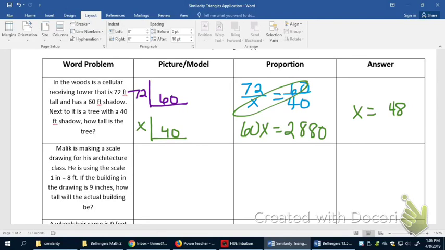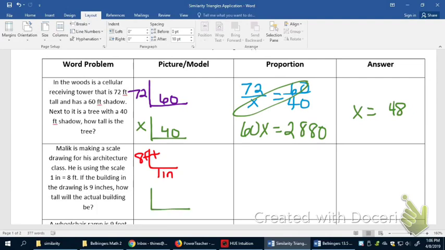Okay? So we're trying to match up inches with feet, because the how much will it really be is our feet. So our picture here, we can draw a picture kind of like we did up there if you want to. Like we could say, okay, 1 inch to 8 feet. So 8 feet would go here and 1 inch could go there.